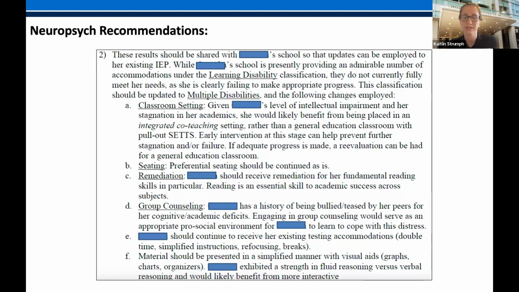And you can see that in the patient's neuropsych testing that I grabbed this from, she already had a lot of support systems in place at the school. After she got this neuropsych testing, they still had a breadth of additional supports that they thought could be helpful for her. So it talks about seating, remediation, group counseling. They try to include mental health things as well.